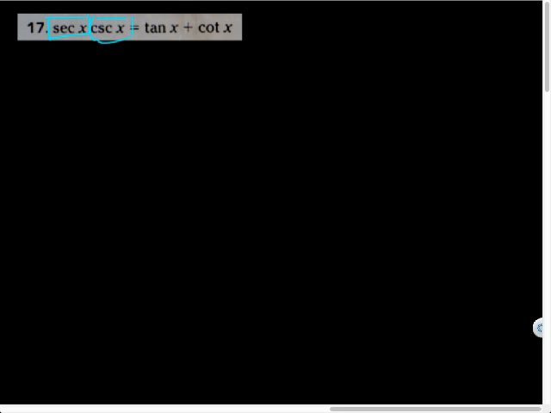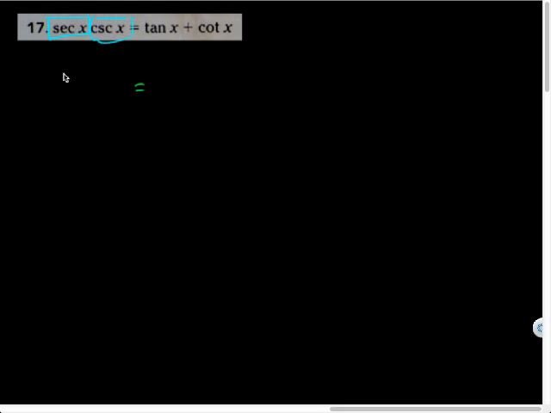Maybe I should do all of them? What do you guys think? Should I just go all the way? Probably. Well, actually, one of the benefits is I could just work on the left-hand side a little bit and then see if I should do something on the right-hand side. So I don't actually have to write anything over here for a few steps, and I could just tinker at this left side until something happens.